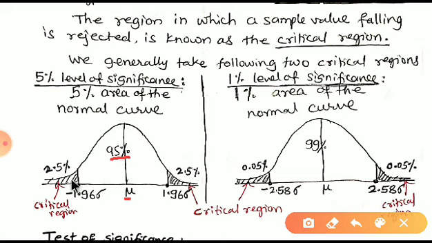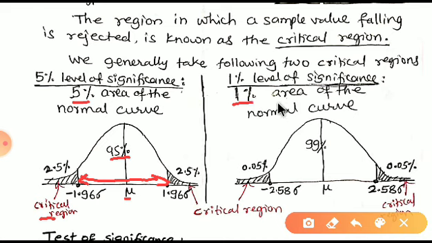Left side 2.5% region, right side 2.5% region, total 5% area is shaded. This shaded area is called a critical region. If the value lies within the unshaded region, then we accept the hypothesis. If the value lies in this shaded region, the critical region, then we reject the hypothesis.